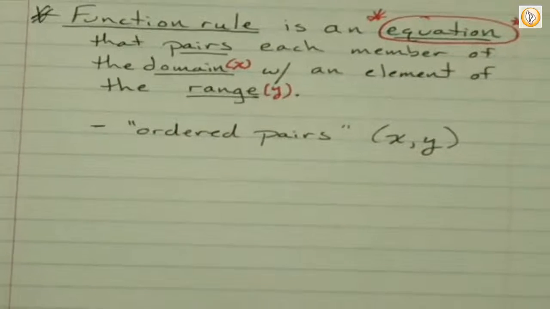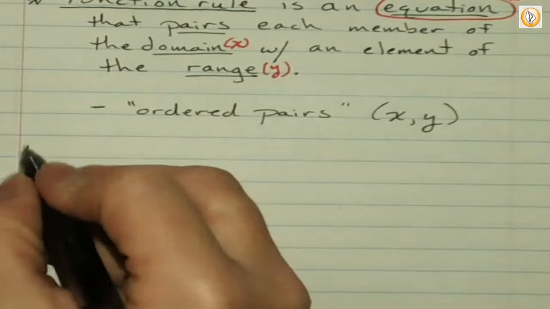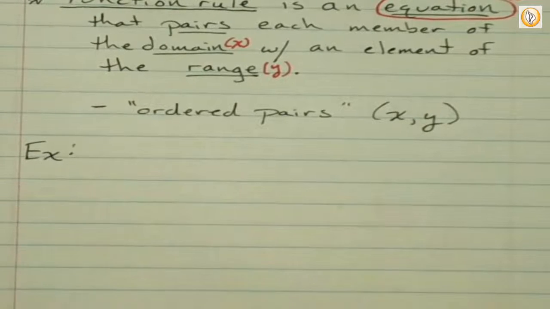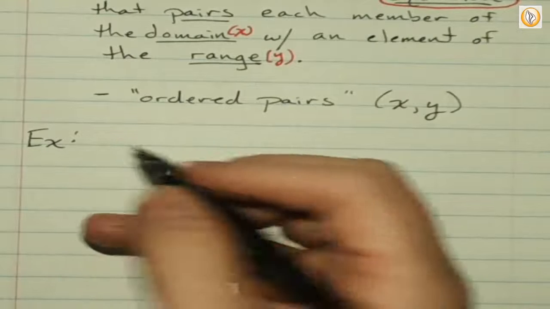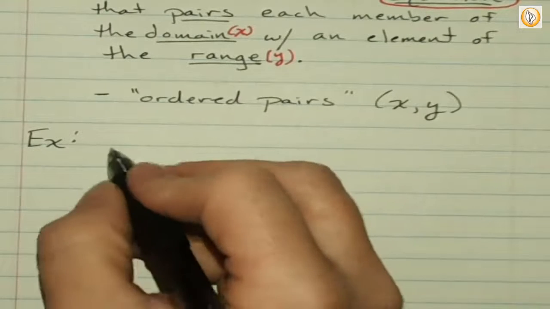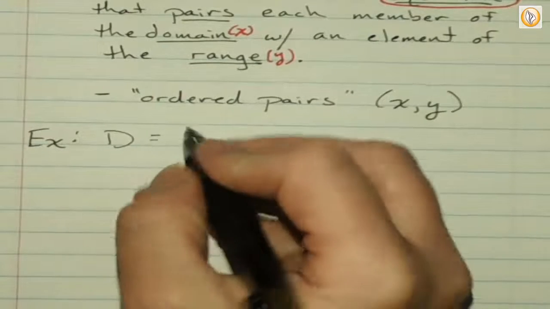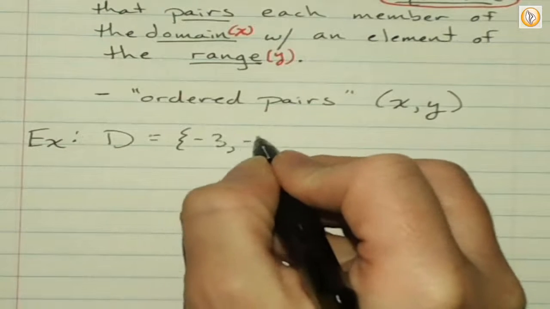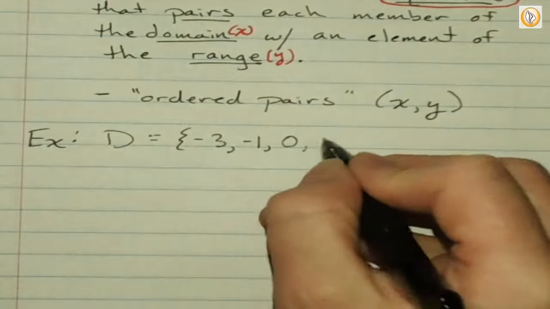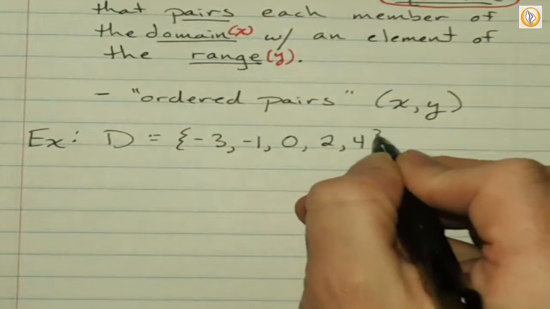Okay, here we go. Jump right in with an example. Now, this is an example of a typical problem. Domain is -3, -1, 0, 2, and 4.